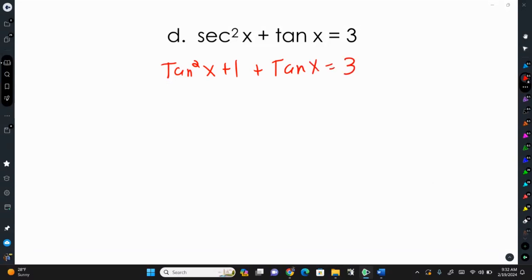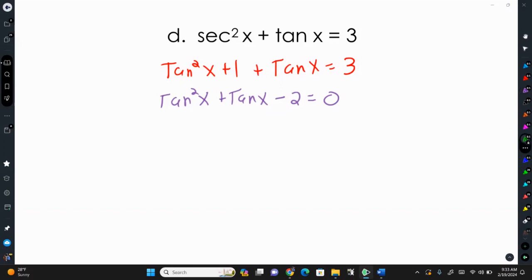Now the first thing I notice is that we don't have a 2x or 3x. We don't have a multiple angle. So we're not going to have to do another pass around the unit circle. So subtract 3 from both sides, we get tangent squared x plus tangent x minus 2 equals 0.